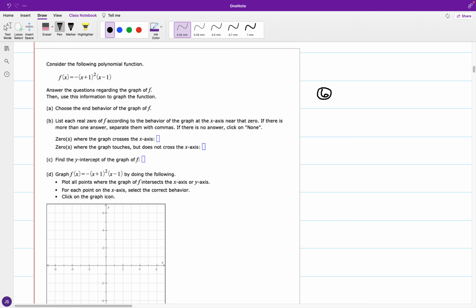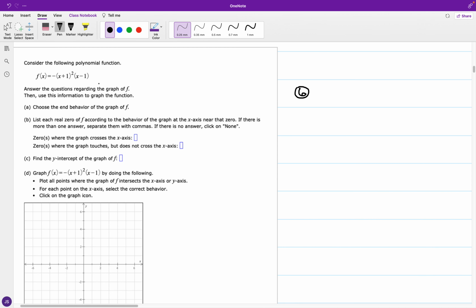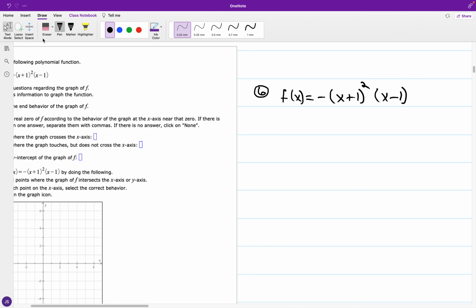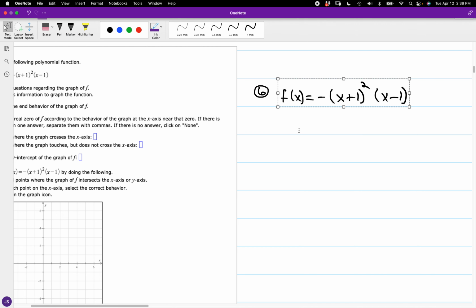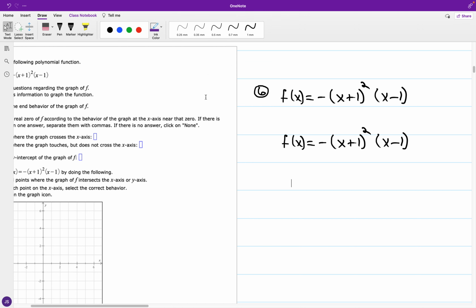For our given function, f of x, you have the negative of the square of x plus 1 times the quantity of x minus 1. I'm just going to duplicate this. So we need the highest order term.